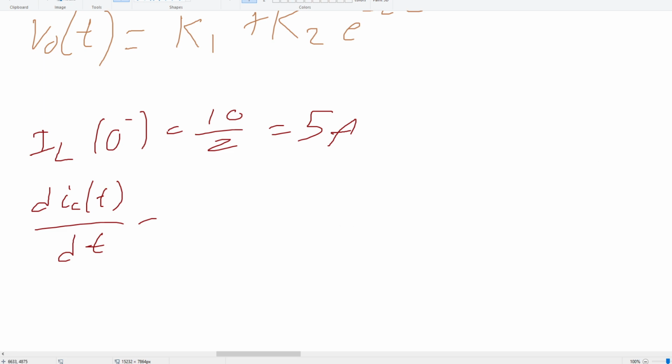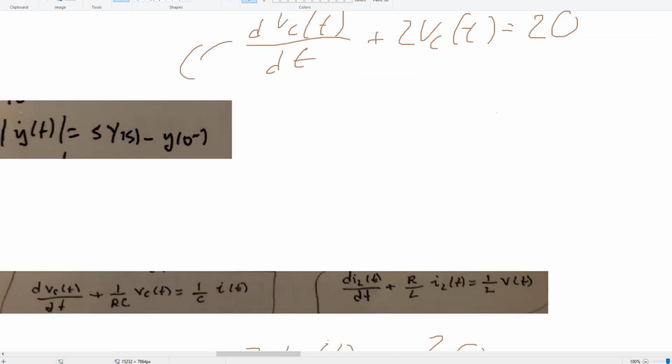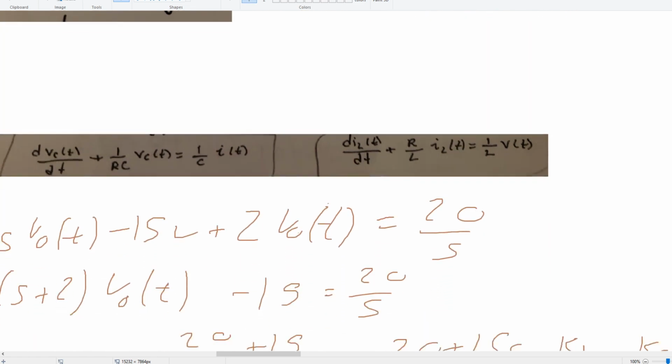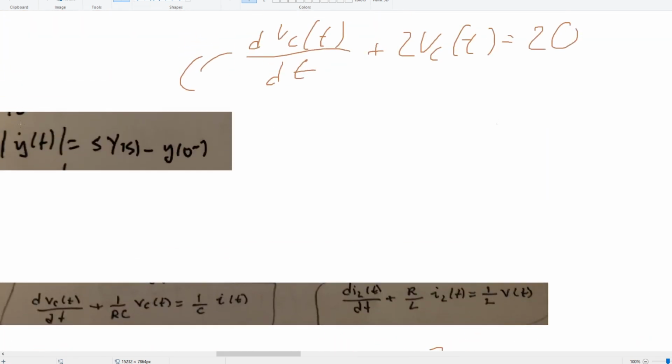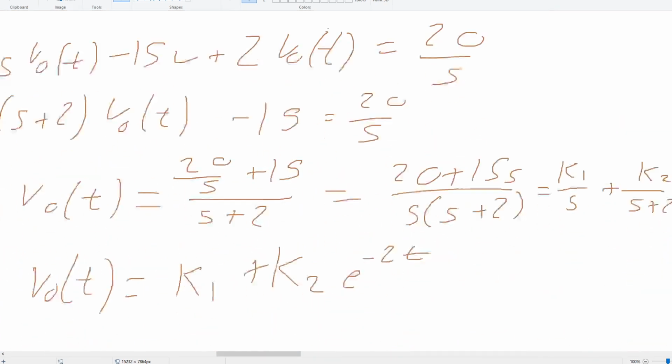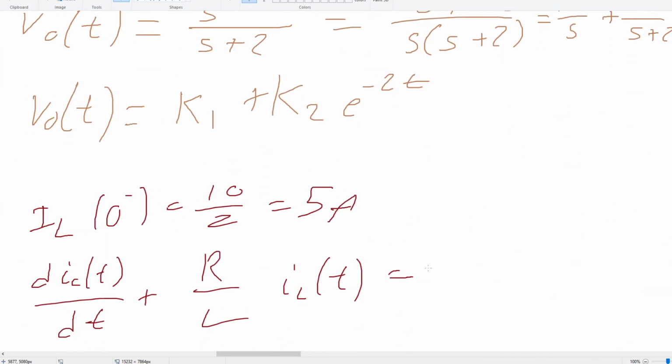I don't remember. I know it's like R over L times I_L(t), and this is equal to 1 over L times V(t).